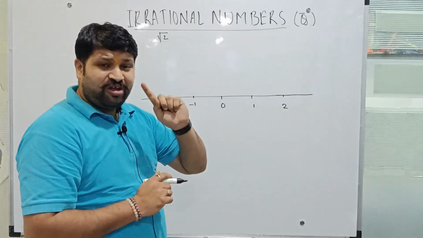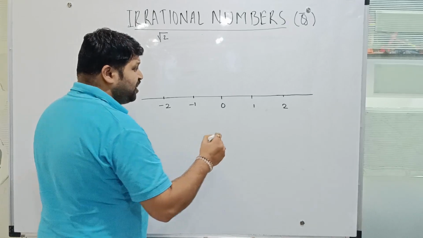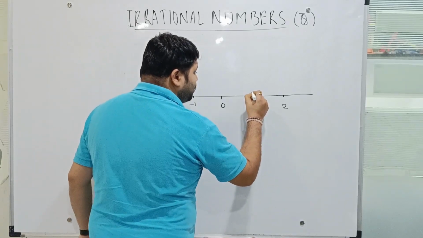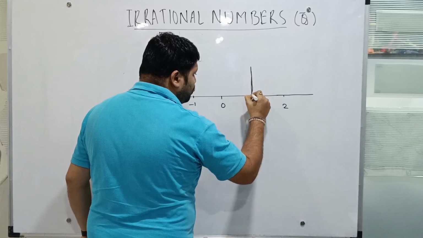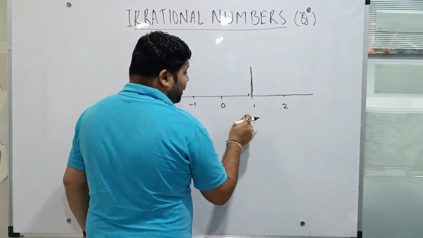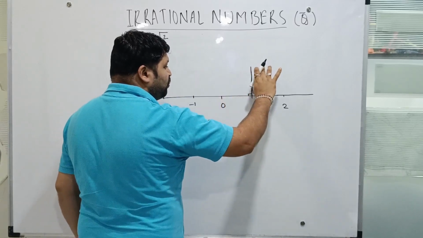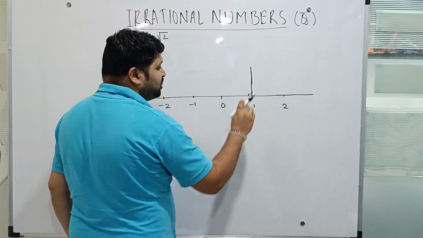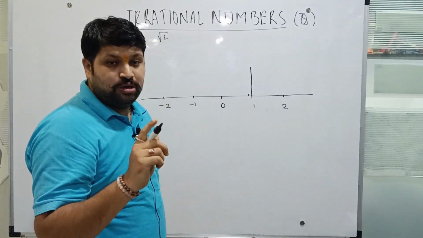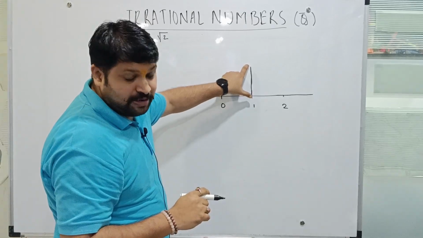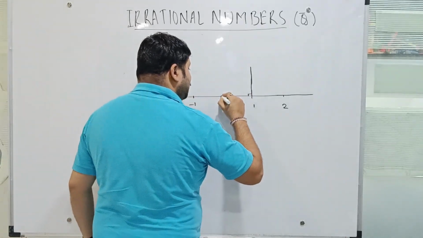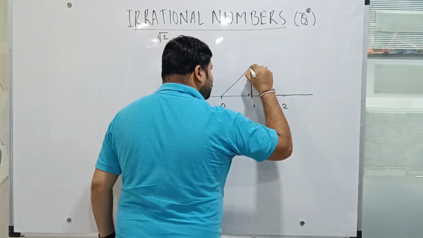First thing we do is draw a perpendicular at point 1 such that the length of this perpendicular is equal to 1 unit. So whatever length is here, the same length would be here. Now if you see, we get a beautiful triangle like this.